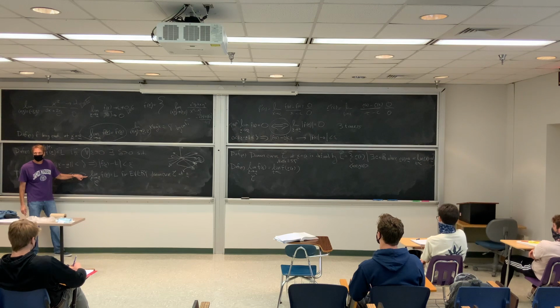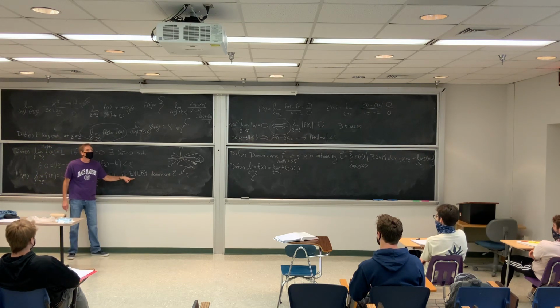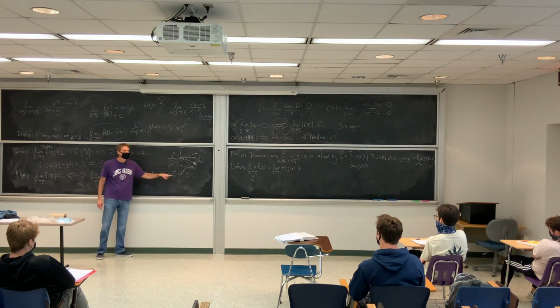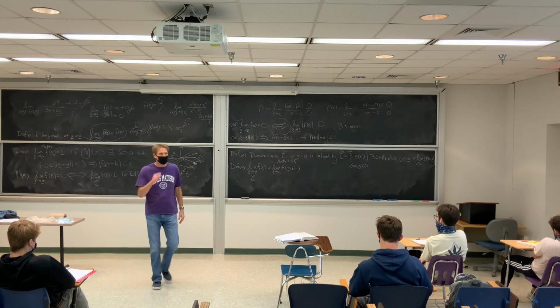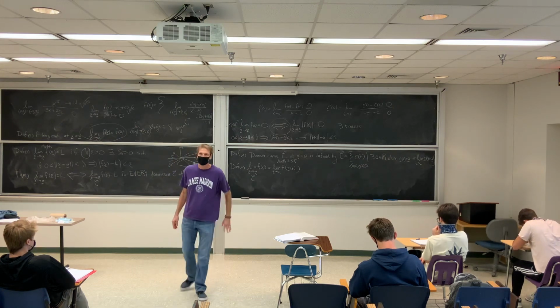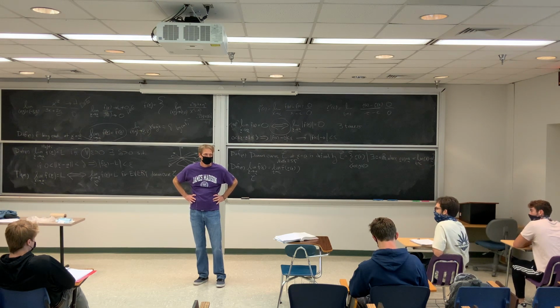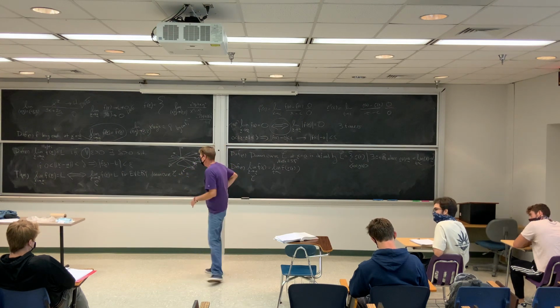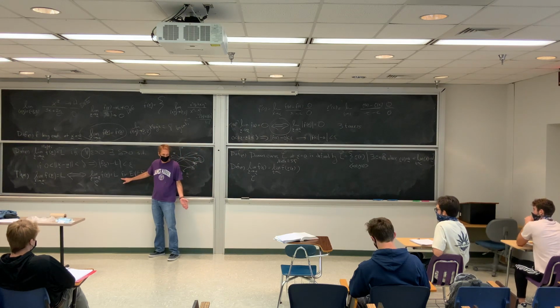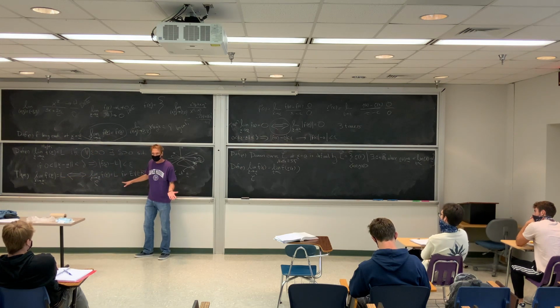As x approaches A along the domain curve C of f of x equals L, and this is the thing: for every domain curve C at A. So if along every domain curve, as long as the limit along every domain curve is L, then the limit goes to L. If the limit goes to L, then the limit along every domain curve goes to L.